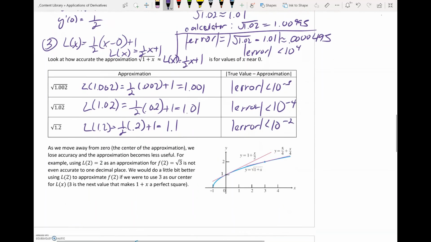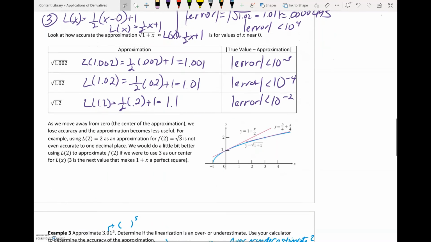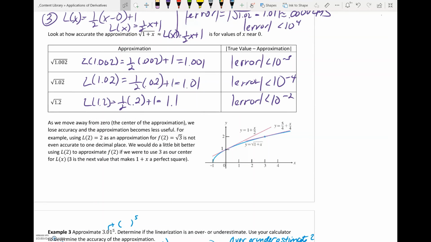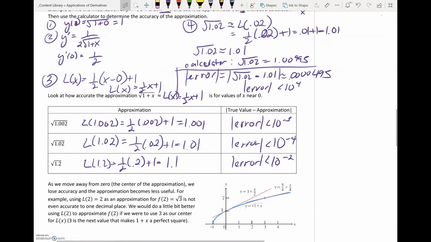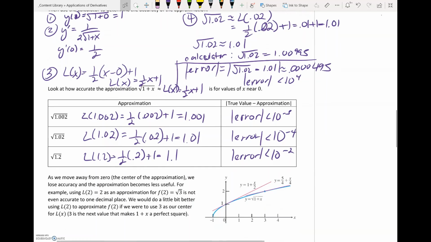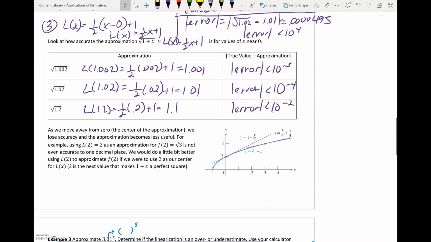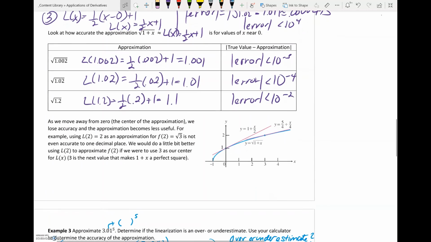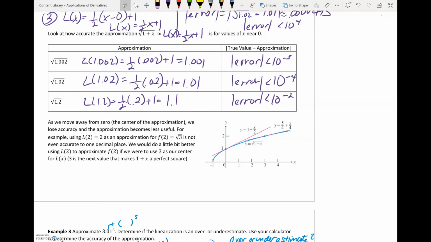Now for the next example, I want you to try it on your own, but I'm going to give you a hint first. So in this case, we're not given a function. In example 2, we're given a function to use, y equals the root of 1 plus x, to help us approximate the root of 1.02. So example 3, you need to find your own function. But if you take a look at what we're trying to approximate, 3.01 to the power of 5, the function you probably want to use is x to the power of 5.